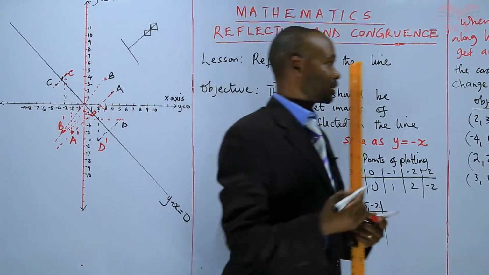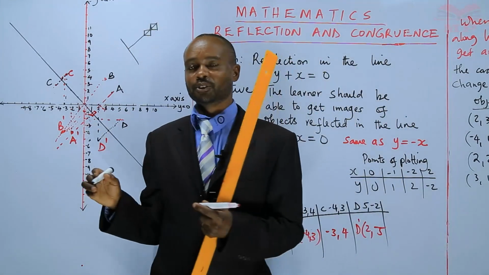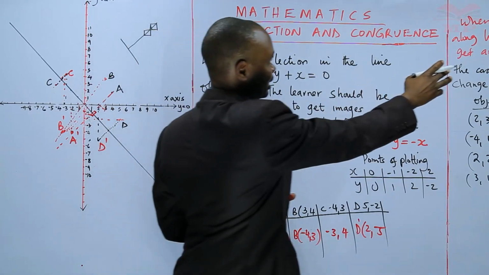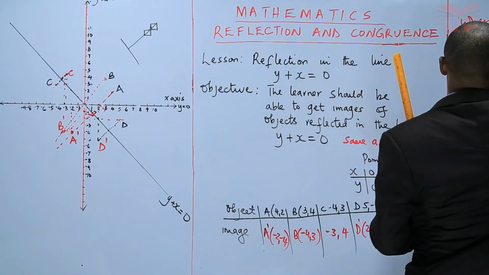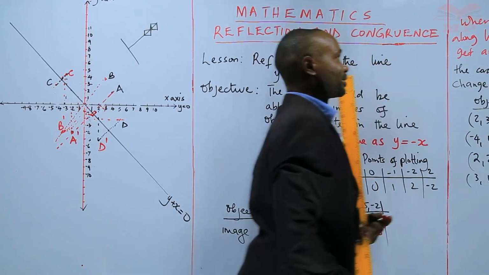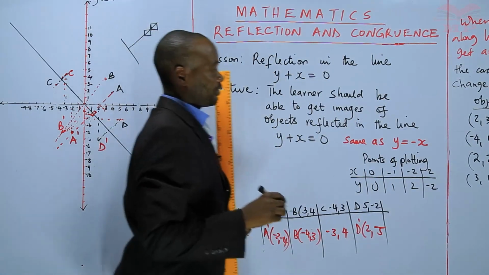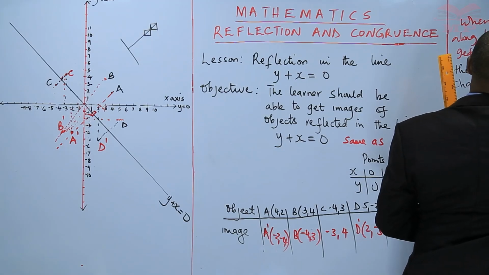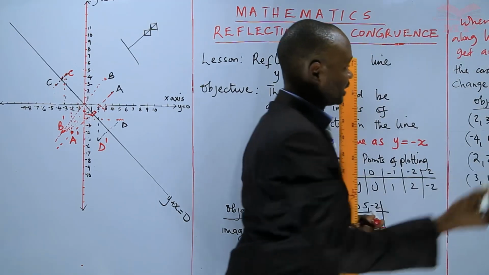So a better experience is got when you use a graph book. You really enjoy, apart from getting the concept there, isn't it? So note that this one is very important. When you reflect a point, AB, along that line, we get an image negative B, negative A.